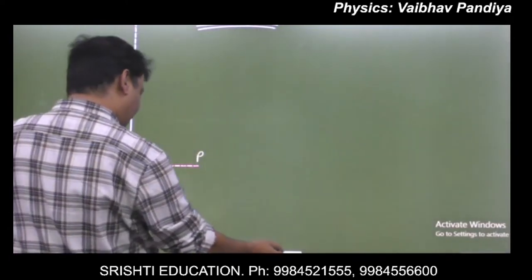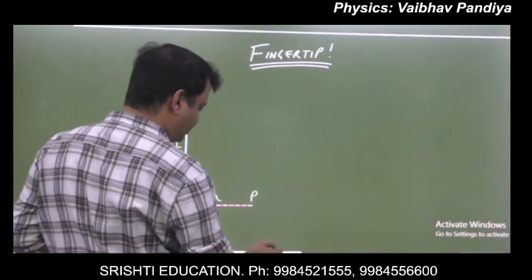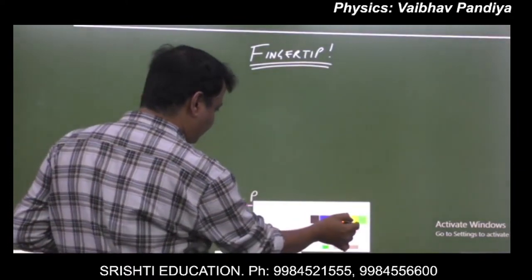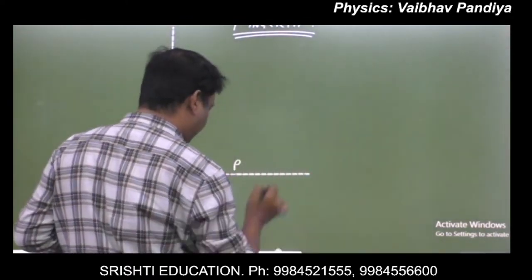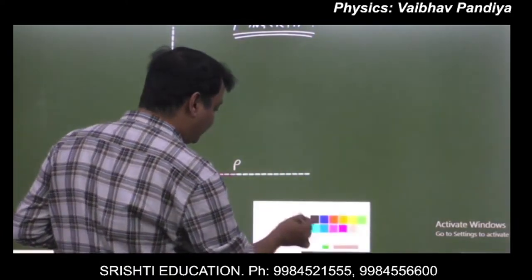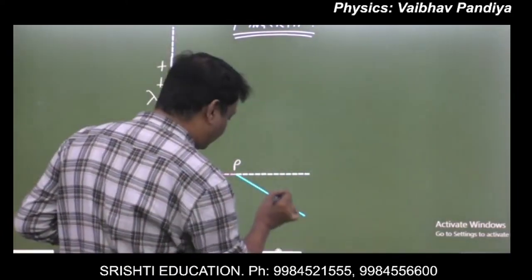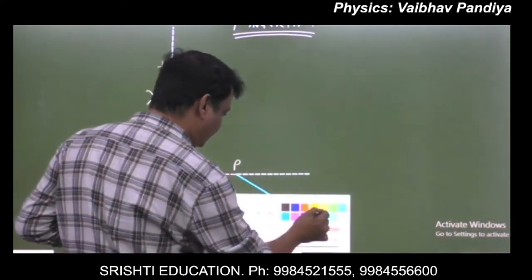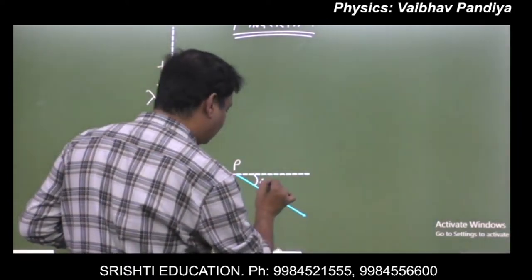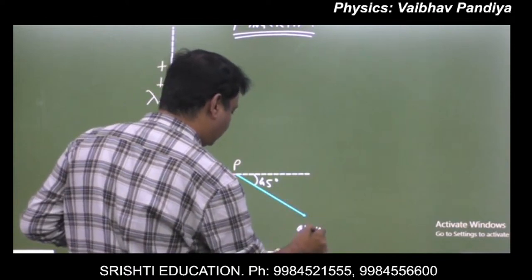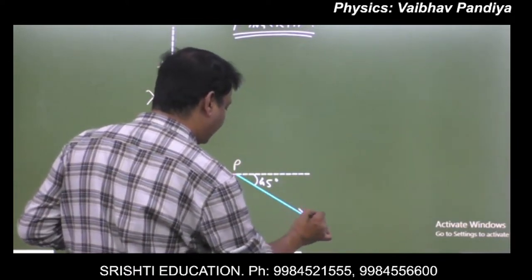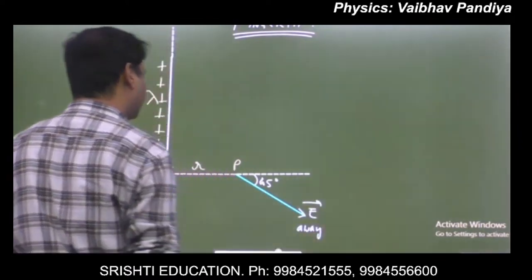And if nothing is known about the sign of lambda, take the positive charge model. So see how you will make the electric field. First of all, extend this perpendicular line. The field will be downward, at 45 degrees away from this line. Downward at 45 degrees away. Got it?